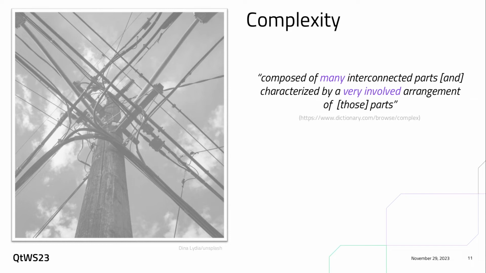the first term, I think. What is complexity? Complexity is composed of many interconnected parts and is characterized by a very involved, and the highlight is very involved, arrangement of those parts. Let's just settle this term for a little bit.